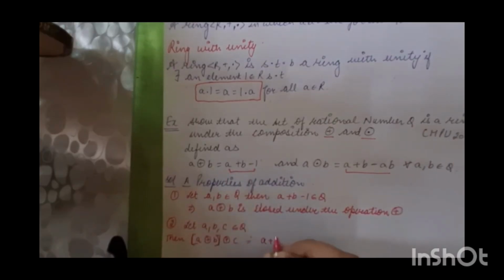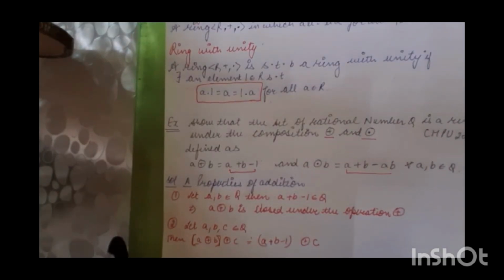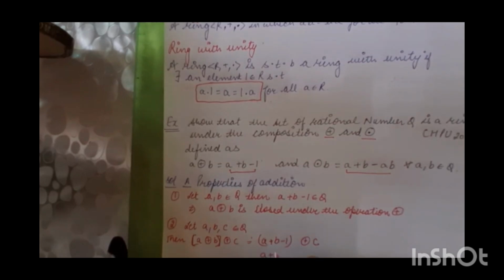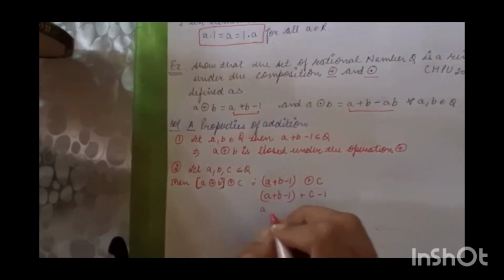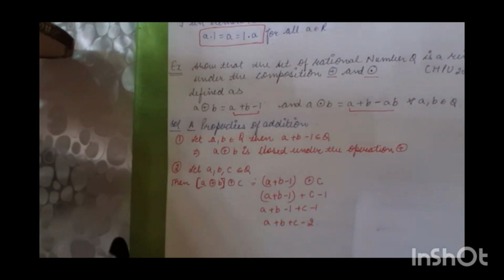So when this particular thing operates with C, what will it give? It will give A + B − 1 + C − 1. Now opening the bracket, we'll get A + B + C − 2.